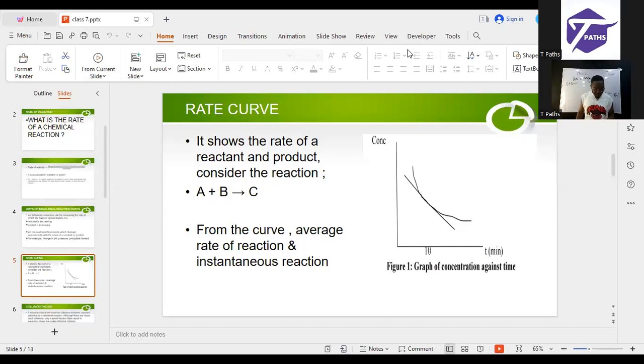One thing we need to understand in this subject is our basic chemistry and our basic math. We know from chemistry that the reactant gets used up in the reaction.